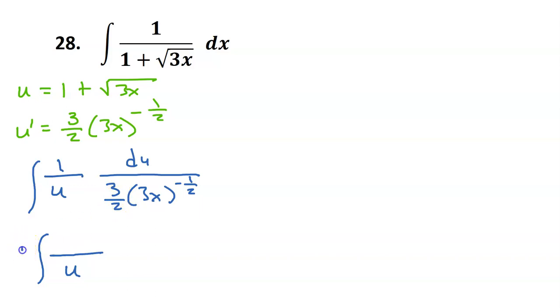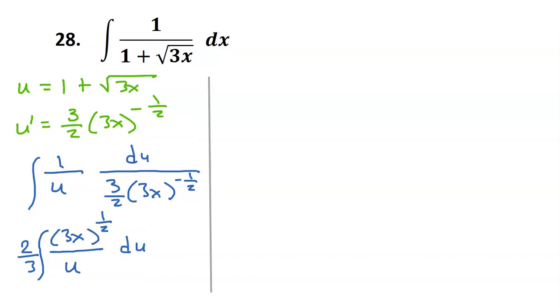So this will end up as a 2/3 out in the front. Next, I see this 3x to the negative 1/2 power. We know that when you have a negative exponent, you can bring that up to the numerator, and it'll be a positive exponent. So I'm going to go ahead and bring this 3x up to the numerator with a positive 1/2 power. And we have the du.